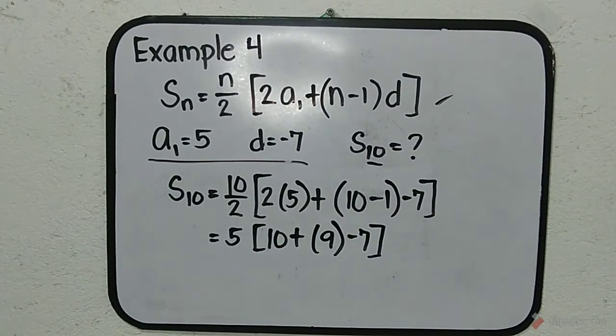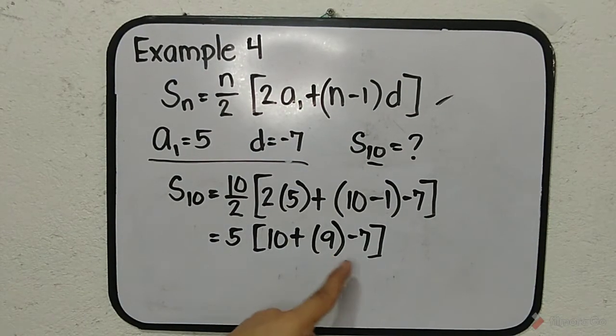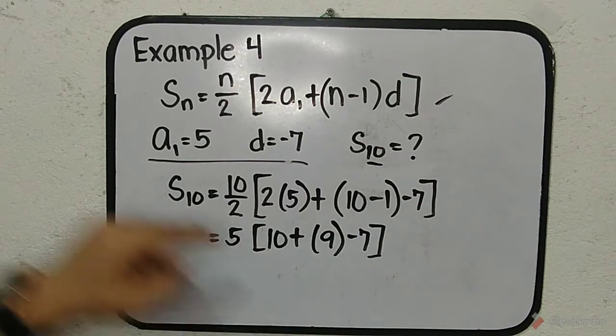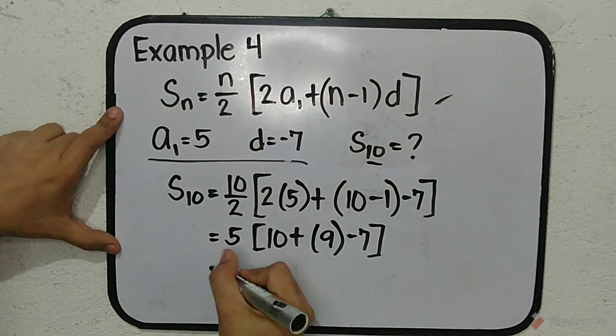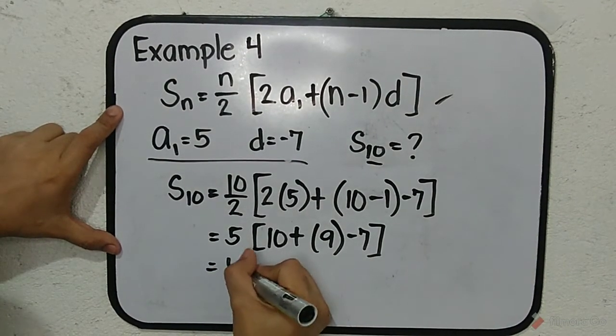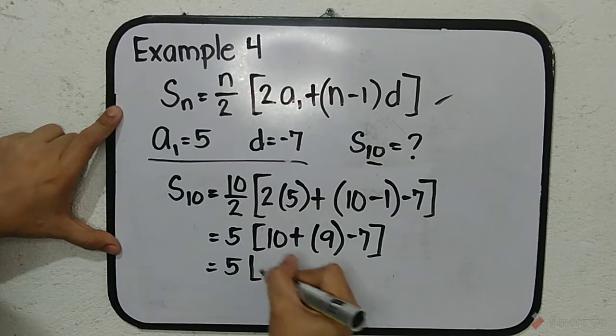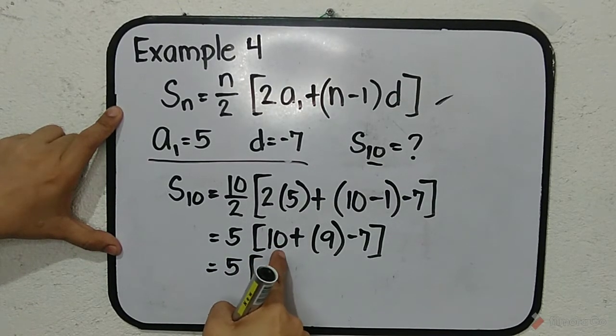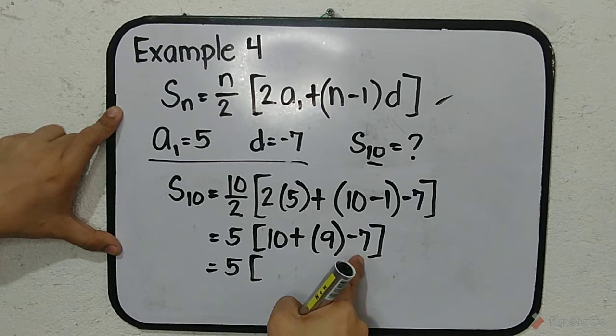Minsan pwede naman nating i-diretso na siya, pero para makita nyo ng mas mabuti, iniisa-isa ko yung pa-process ng mga terms. So, next, we have 5 times 10 plus 9 times negative 7.